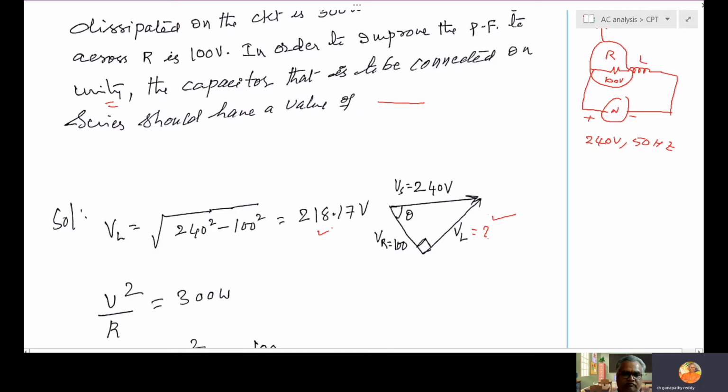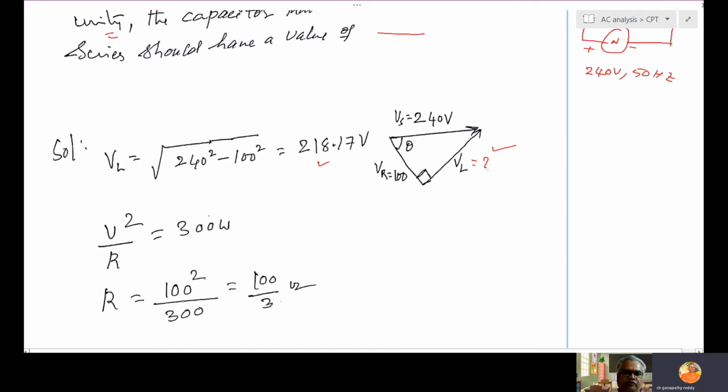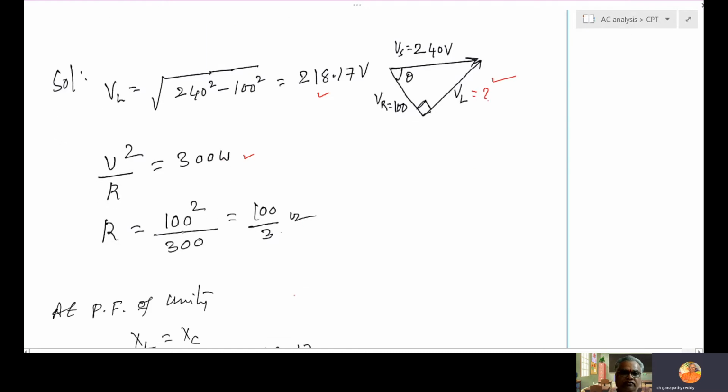You will get this. And power is given as 300 watts. So you can apply V square by R, not I square R, since I is unknown. So V square by R is 300, the voltage across the resistor is 100 given, and solve this to find the resistance.